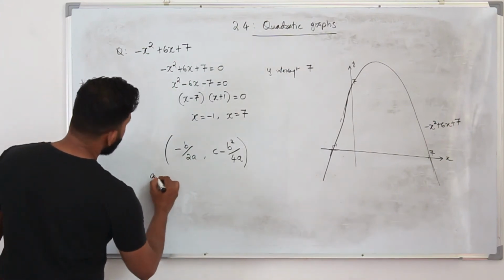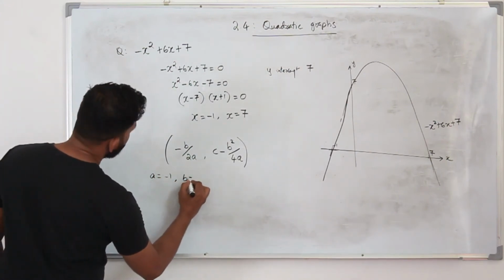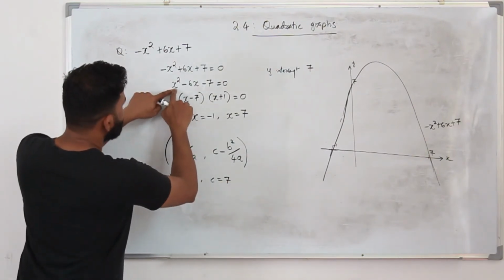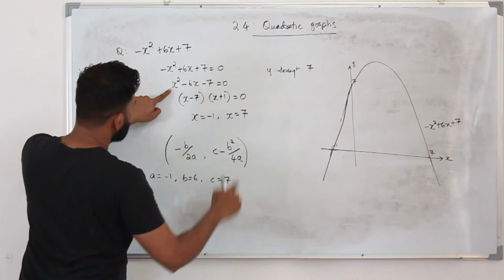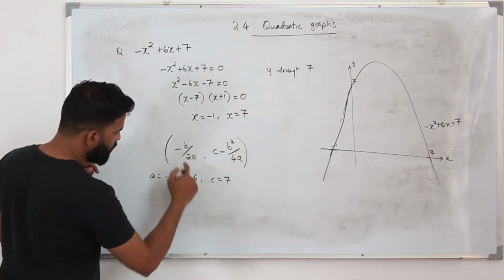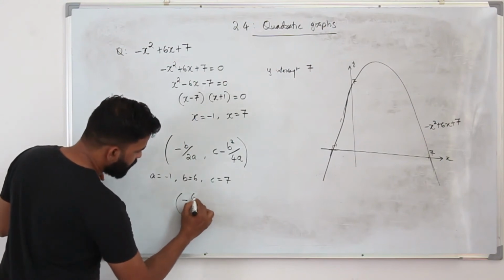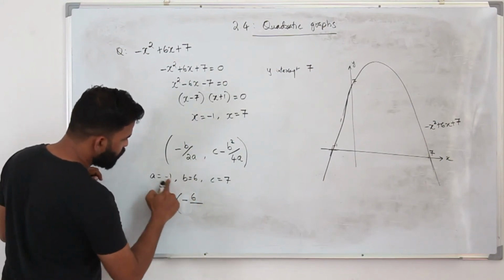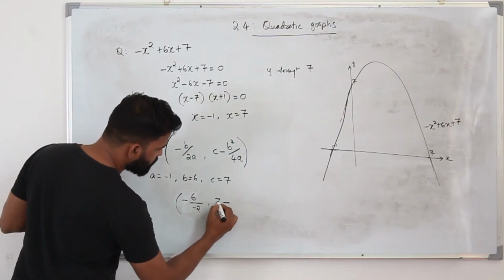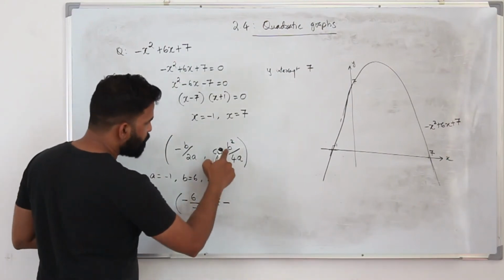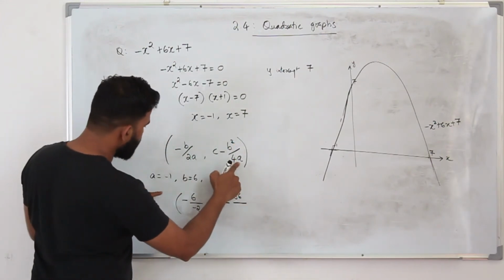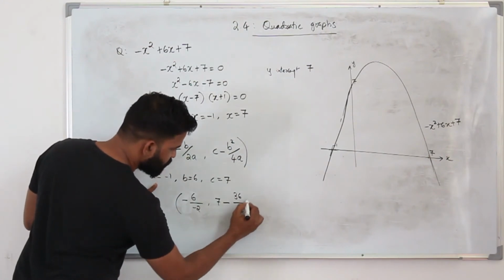So our a is minus 1, b is 6, c is 7. Do not take the equation where you change the negative to positive. Take the actual function. So when you substitute, minus b divided by 2a, 2 times minus 1 is minus 2, comma, c minus b squared: c is 7, b squared is 36, upon 4a, 4 times minus 1 is minus 4.